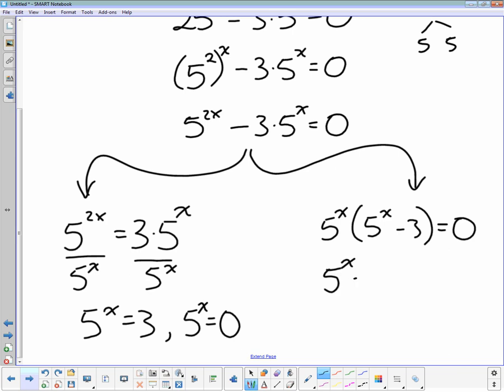This is why 5 to the x is not 0. Okay? And in fact, there's a third way to play this game. And it's kind of an intermediate step, which isn't really necessary in a problem this simple, but it's a very, very useful tool when you have really ugly stuff. Okay?